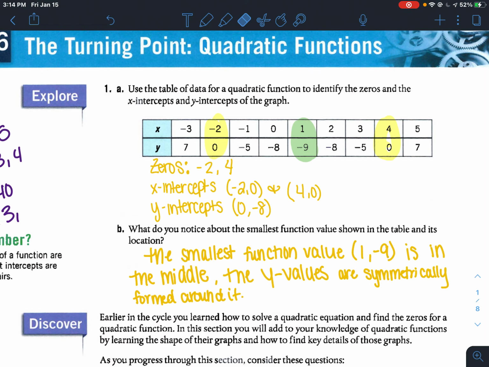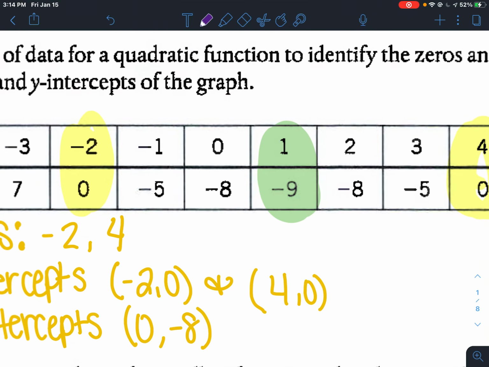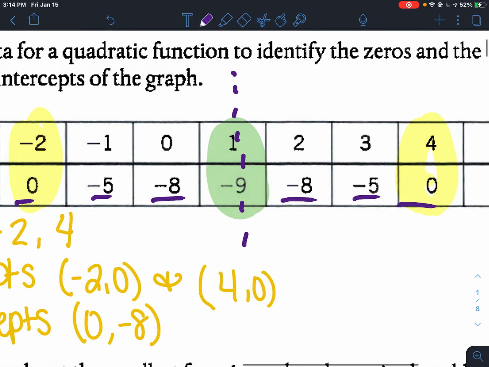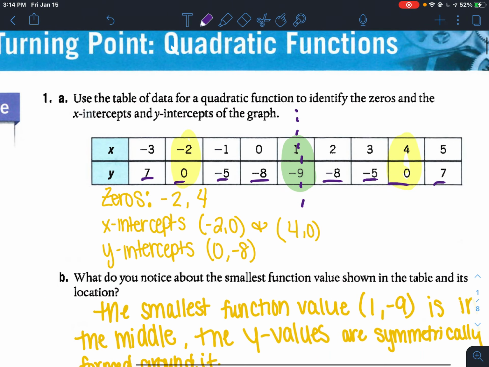The y values are symmetrically formed around it. Okay, if I drew a line here, like negative 8, negative 5, negative 5, 0, 0, 7, 7. That's what I mean. Sorry about that.